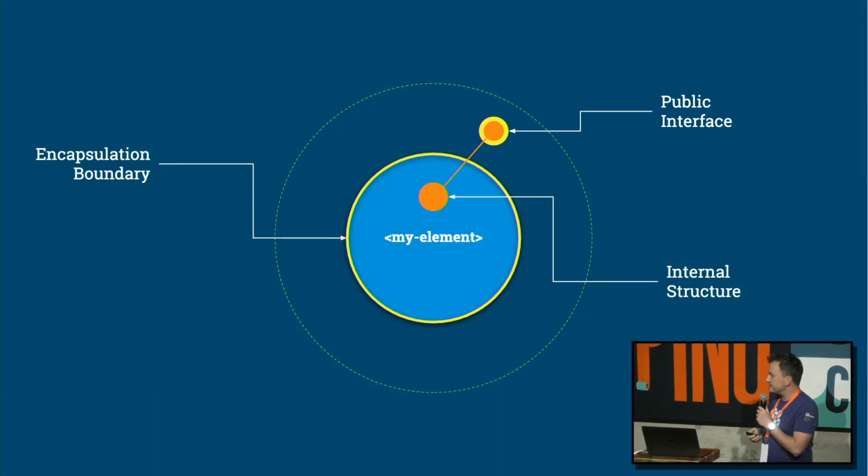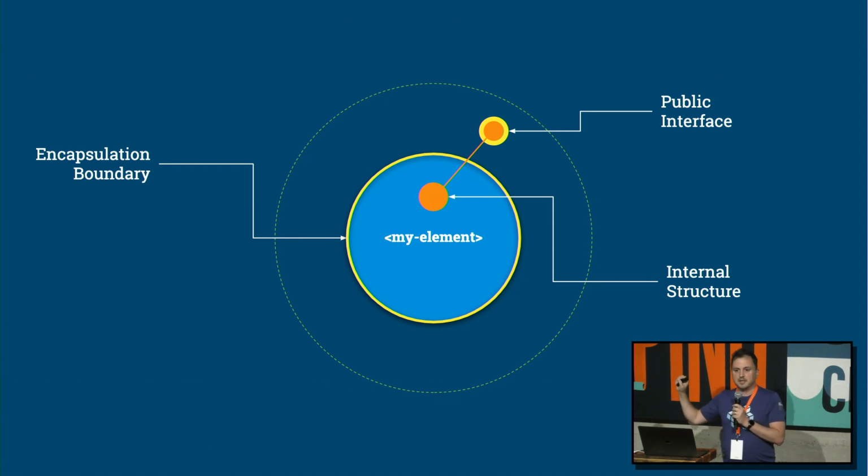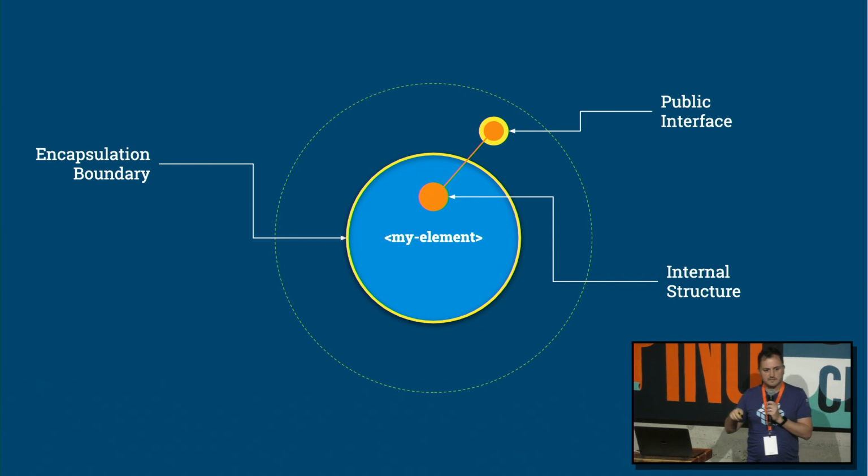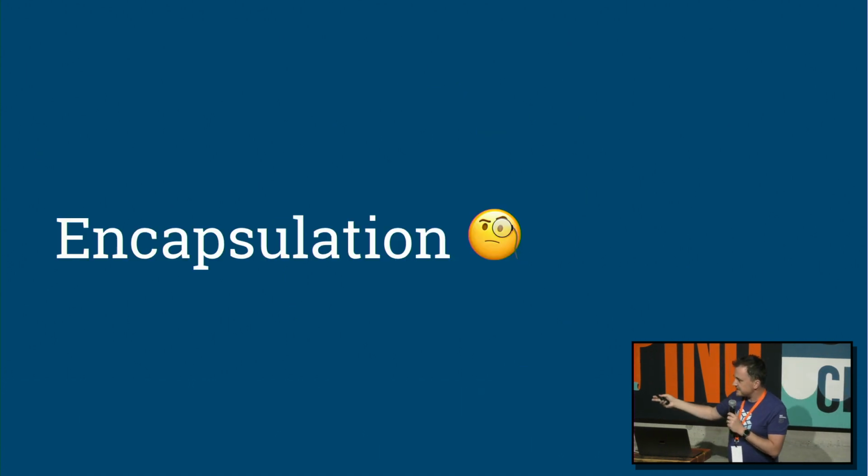So what we really want to do is pierce that boundary and expose some of that internal structure into the public interface. That's what we're going to look at with the techniques here: how to take the strict encapsulation from Shadow DOM and relax it a little bit. So encapsulation is good, but you have to think about it a little bit, and you have to design around it.